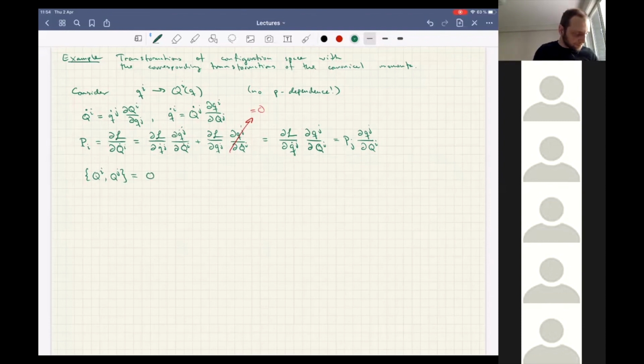On the other hand, if I take the Poisson commutator between our new canonical momenta, I can just insert this expression: p k, dq k by dQ i, and then p l, dq l by dQ j.